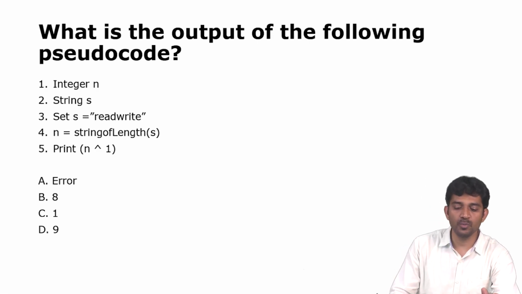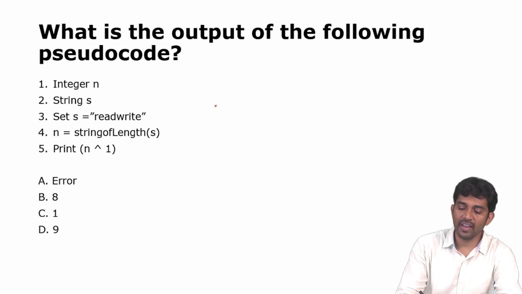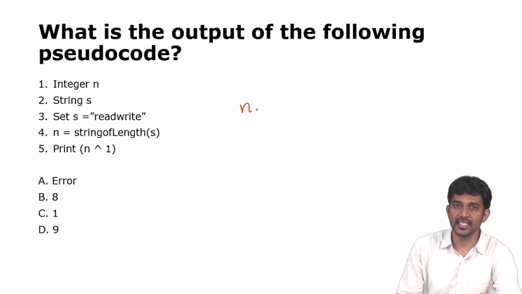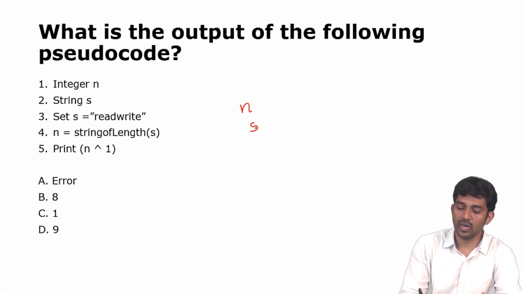If you observe here, we have one variable n and a string s. These are the two variables. Coming to this, one string is stored in s. What is the string? Read, write, read and write, read and write.